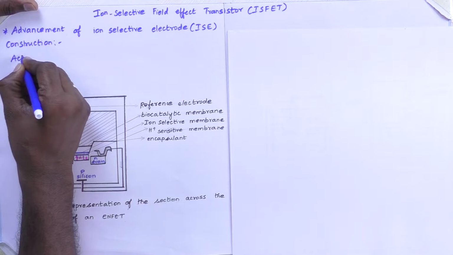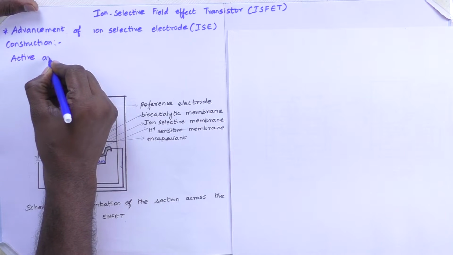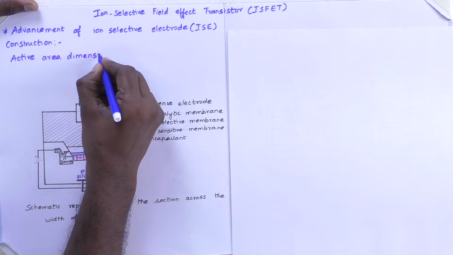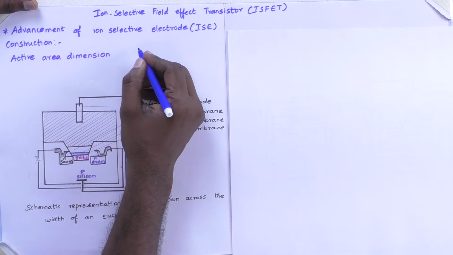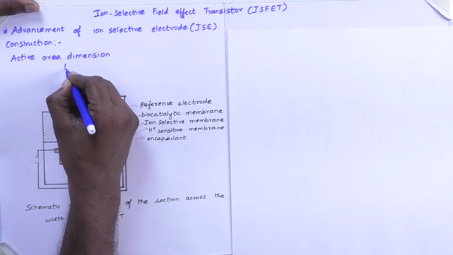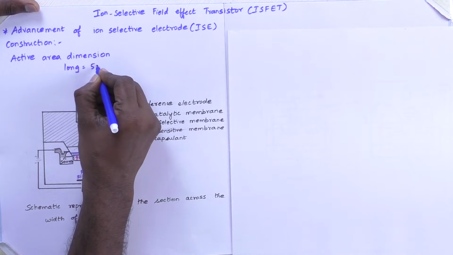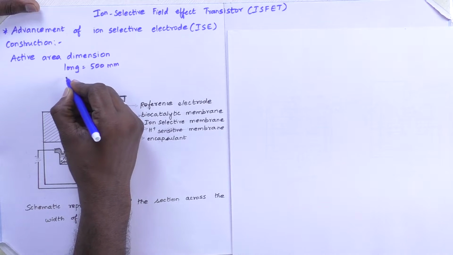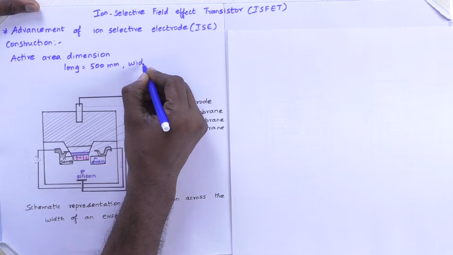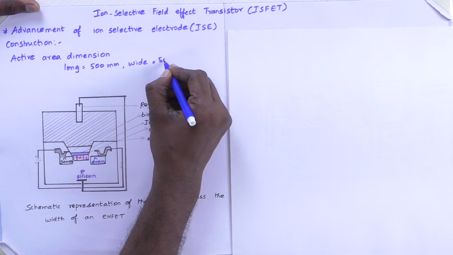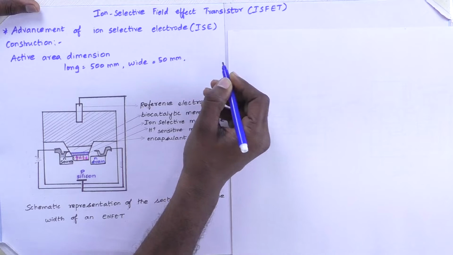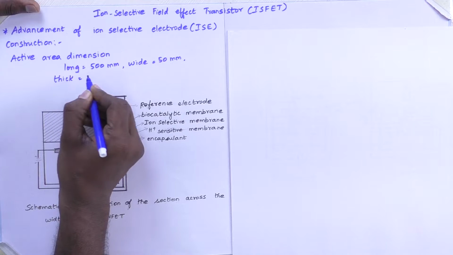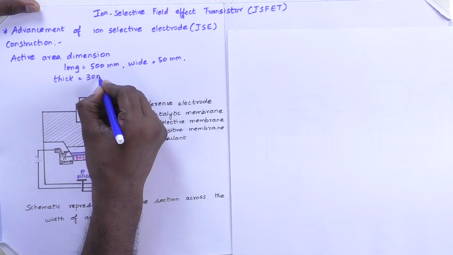The active area dimension is 500 millimeter long and 50 millimeter wide, thickness 300 millimeter.